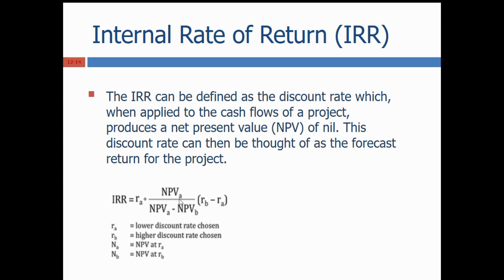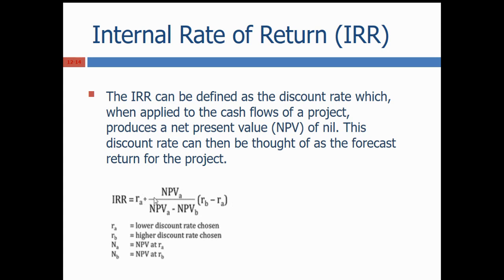So let's say we assume in a question 10%, you get a positive NPV. By using 20%, you get a negative NPV. So here, RA stands for the lower discount rate chosen. We had 10 and 20, so RA is the 10% lower discount rate.